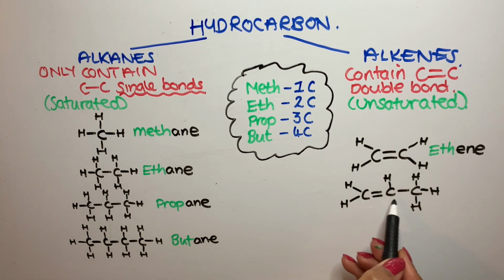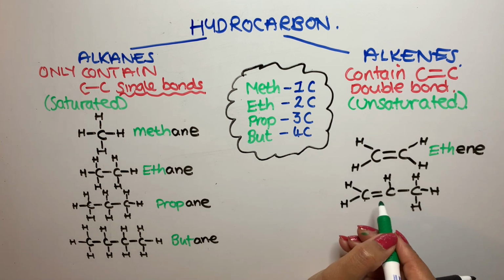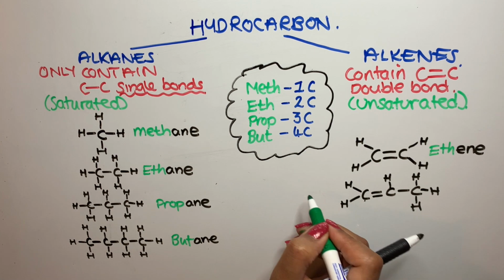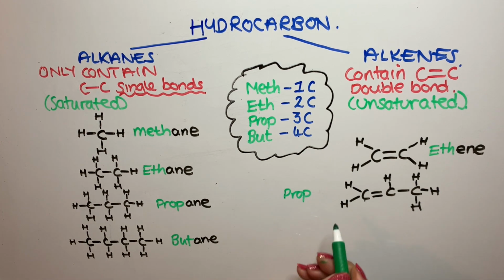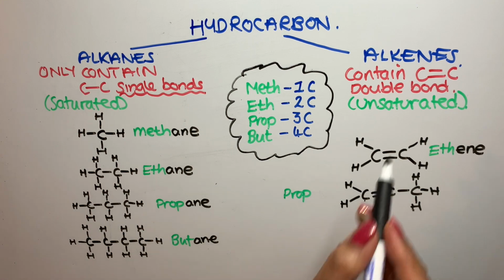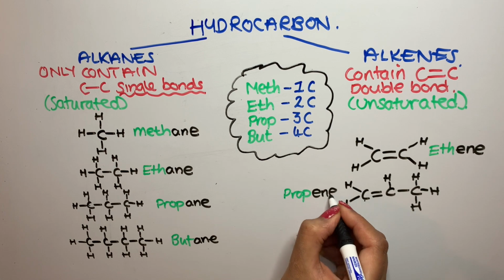So I've got my 3 carbon atoms. Every carbon has 4 bonds. So this one now would be called prop-, because it has 3 carbon atoms, and because it's an alkene, there's a double bond in there, it's propene.